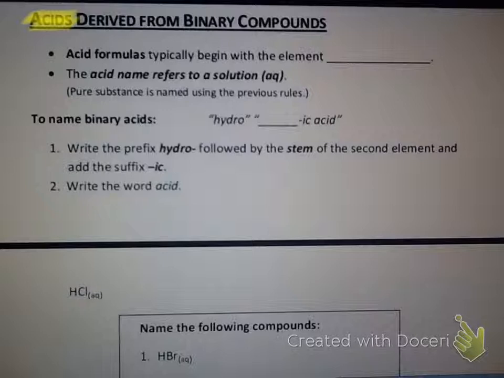Now, how do you know you have an acid? Remember, if you have an ionic compound, you have a metal, non-metal. If you have a binary molecular compound, you have a non-metal, non-metal, or a metalloid, non-metal. If you have an acid from a binary compound, then your compound will begin with the element hydrogen.